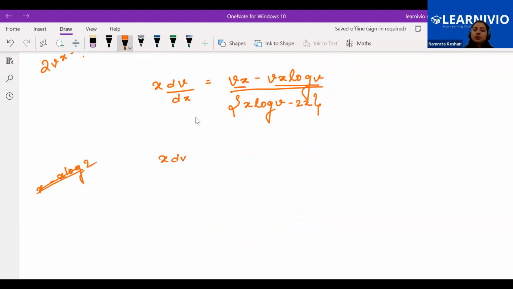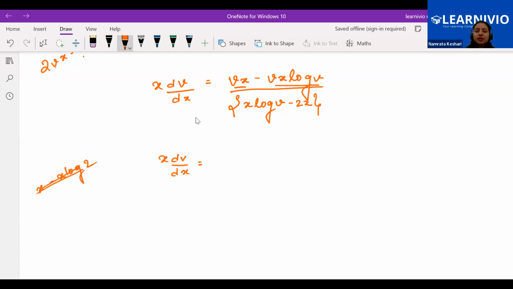So x dv/dx is equal to, let's see, are we going to get something which is easily integrable? We take x common from the numerator and denominator and cancel them, right? Yes, ma'am.